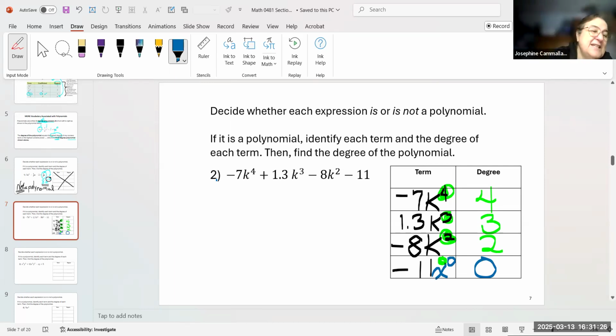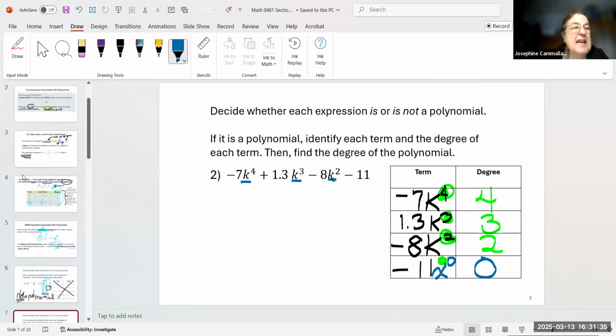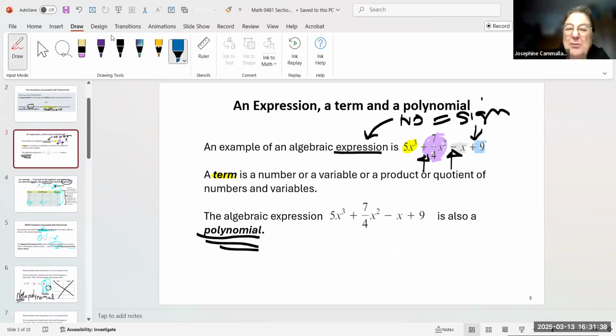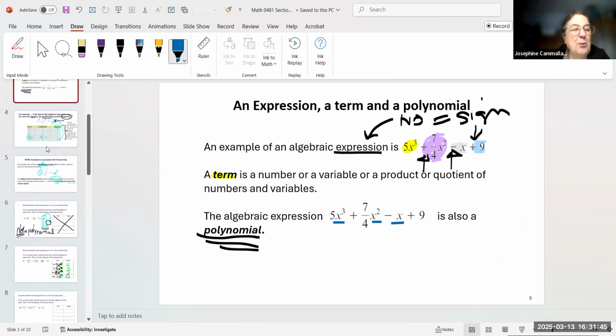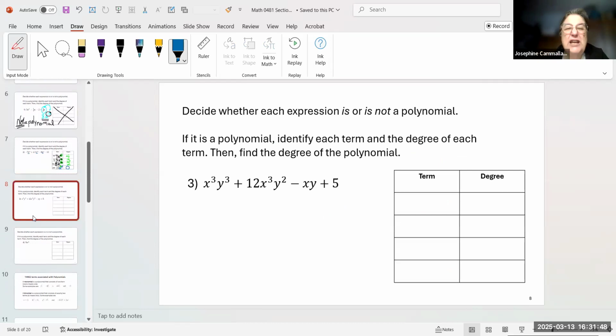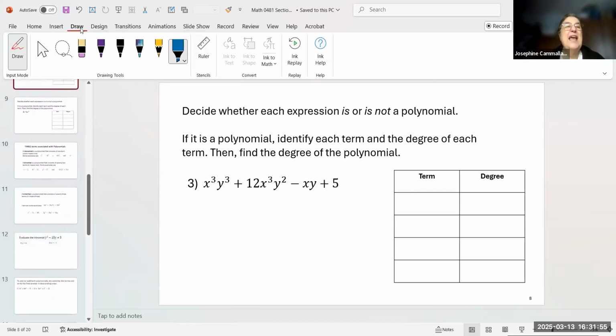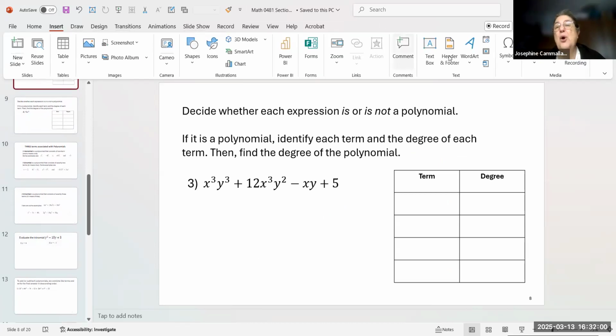Now, this is where it gets a little interesting. Notice that everything here has just one letter. If you look at this problem, everything has one letter. Well, this is where we're going to have a little change. Notice that I have 2 letters.